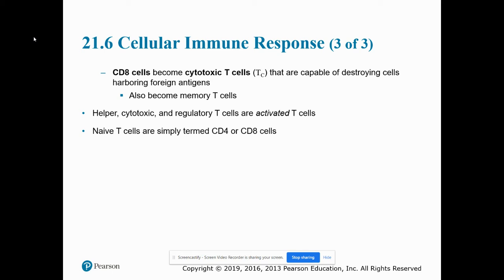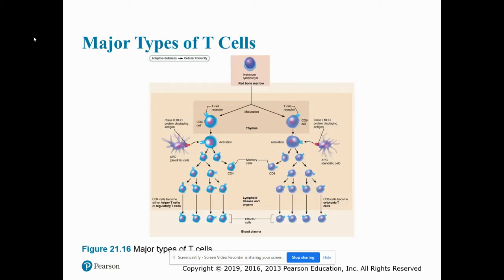Now, once a T cell is called either a helper T cell, a cytotoxic T cell, or a regulatory T cell, those are all activated T cells. If the T cell is still naive, it's just simply called a CD4 or CD8 cell. This is just showing an immature lymphocyte, and it matures either into a CD4 or a CD8.